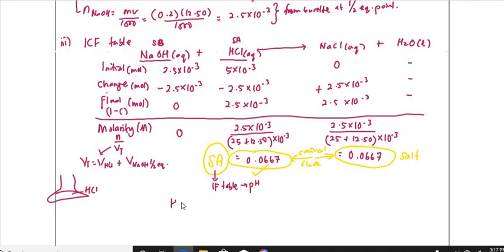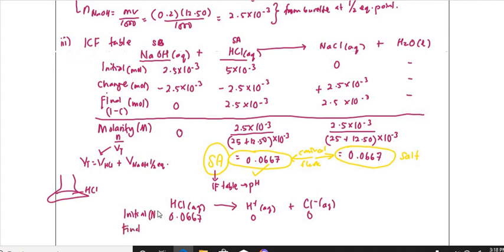As usual, you starting dengan equation. Single arrow, 100% dissociate, become H plus and Cl minus. Then initial is 0.0667. Okay, this is the molarity for your HCl. 0 and 0.